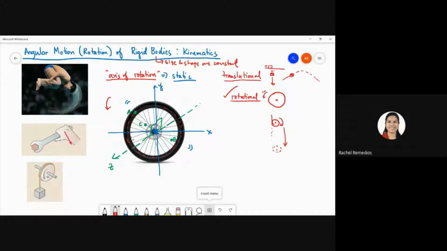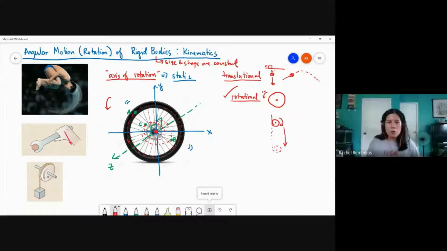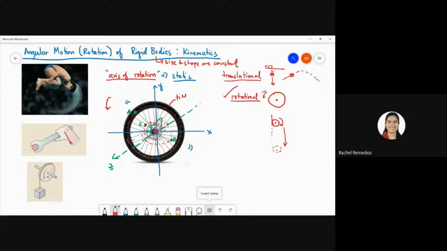Ayan. Ang center of motion ni A, ito. Itong si B, na ang radius din is ito, then iikot si B. Ito yung circle na nadadaanan niya, mas maliit kaysa kay A. Pero ang center ni B, ito pa rin. And the same is true for C. Itong circle ni C, so concentric circles ito, meaning all of the point masses that belong to this rigid body, ang rigid body natin is yung buong tire.